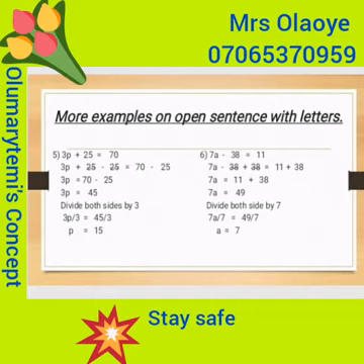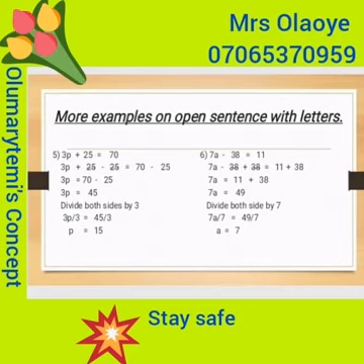Okay. Example 6. 7a minus 38 equals 11. How do we go about this? First thing first, what is disturbing 7a? It is minus 38. So for us to get rid of minus 38, we can either add 38 to both sides, or we simply take minus 38 to the other side to add to 11.